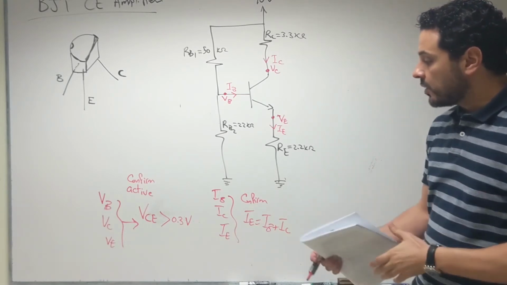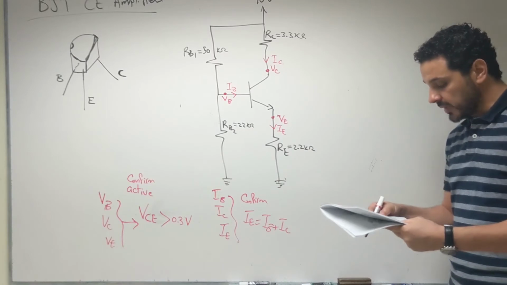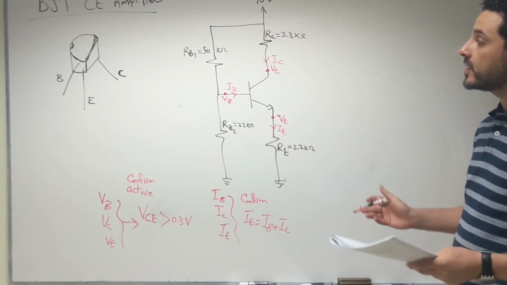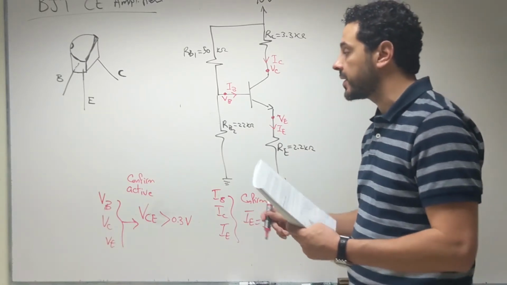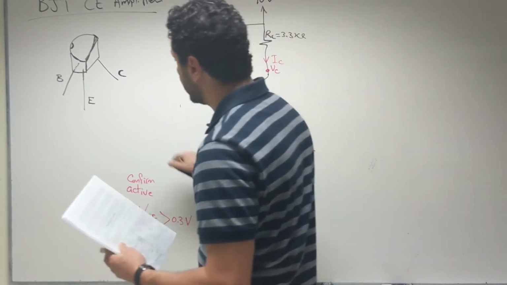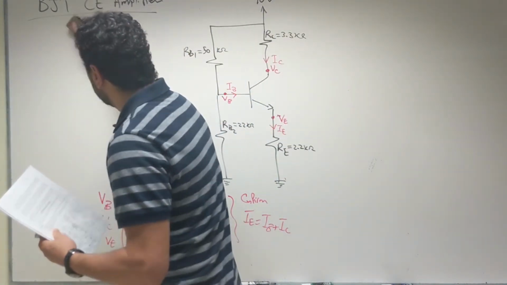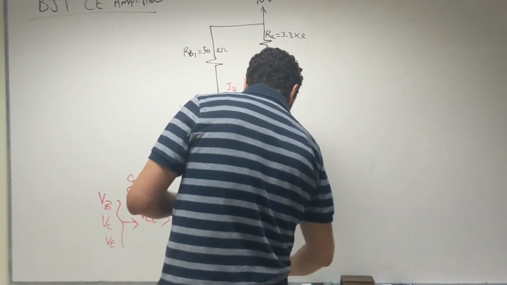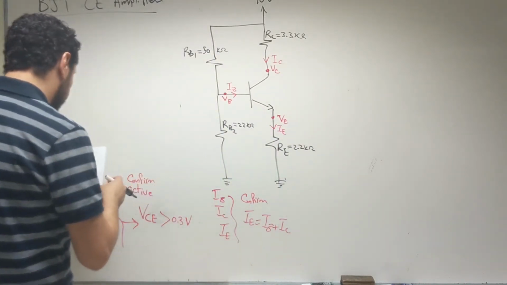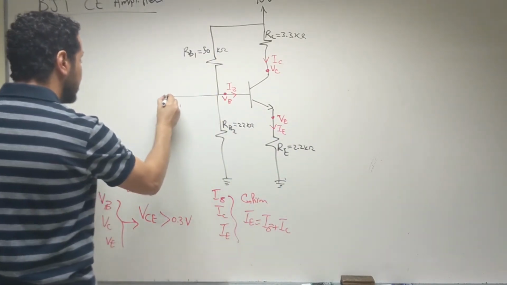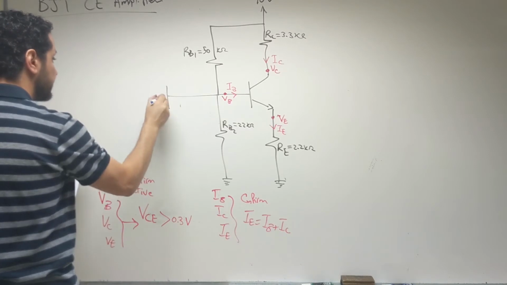Once we finish the DC part, we'll move to the AC part, or the complete amplifier circuit. So I'm going to remove this now. And in order to plot the complete circuit, we are going to connect the base here to a capacitor.